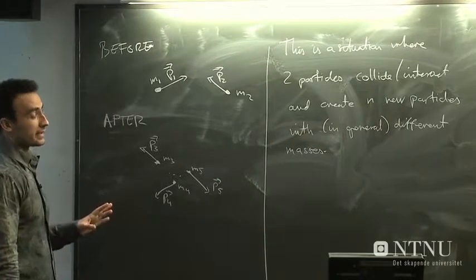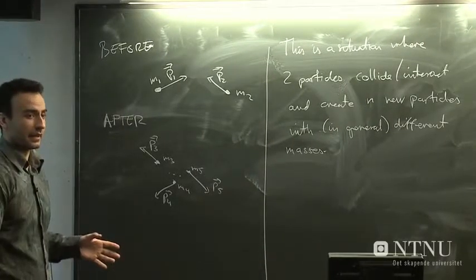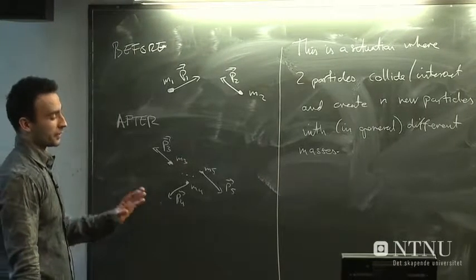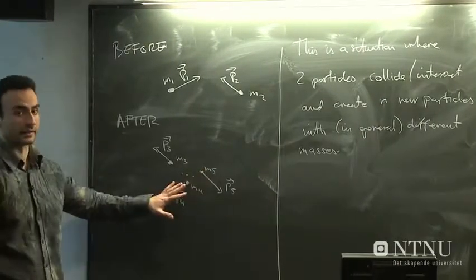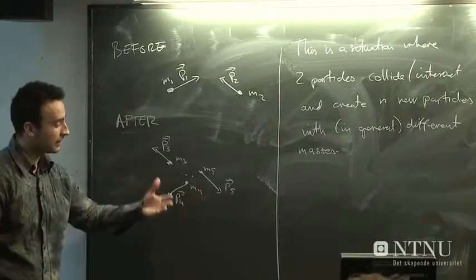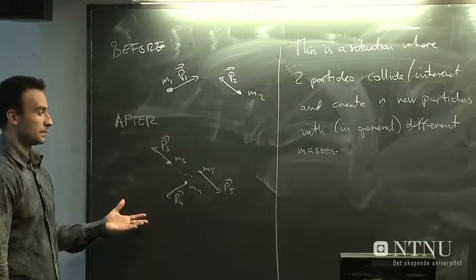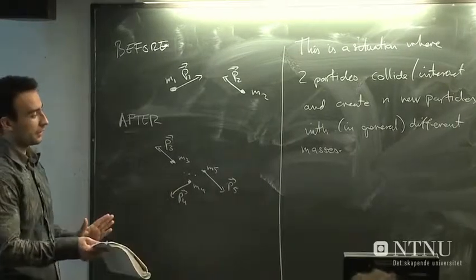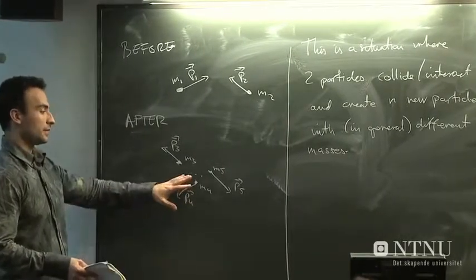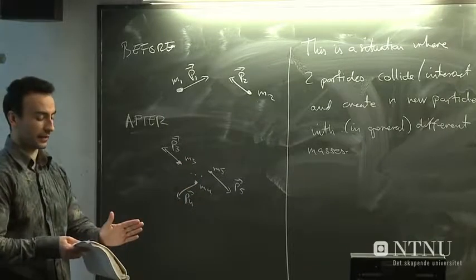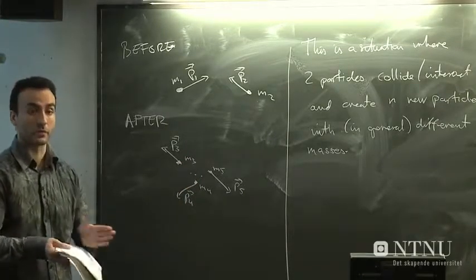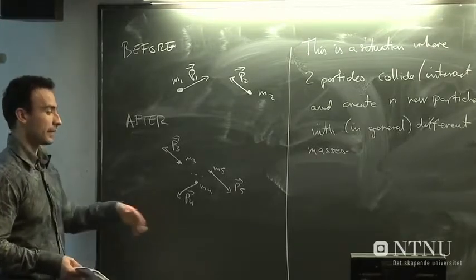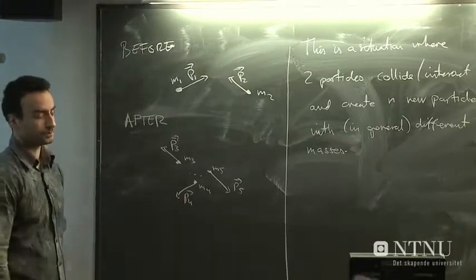Now at first sight, this might seem a formidable problem. Consider the fact that we know nothing about the details in the aftermath of this collision. It's not impossible, but it's very hard to analyze how these particles exit with respect to each other right after the collision and how they move.